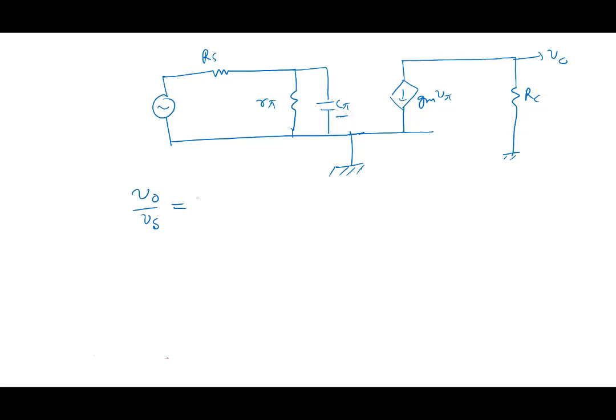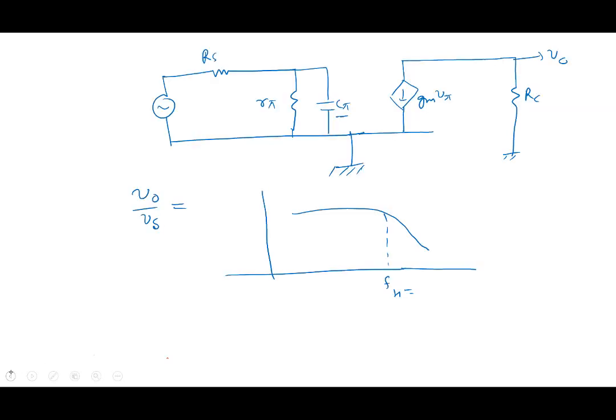Low pass. So you all see that? You all see it's going to go like this. At low frequency it is open, at high frequency it's a short, and so we can calculate 3 dB. FH would be equal to what? 1 over 2 pi C pi multiplied by RS parallel R pi.